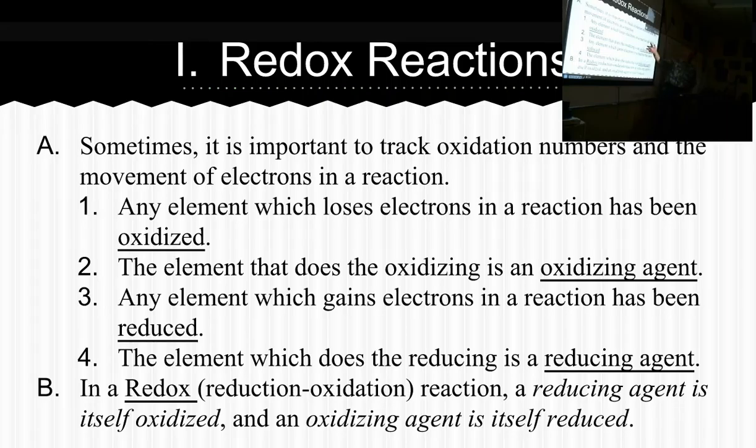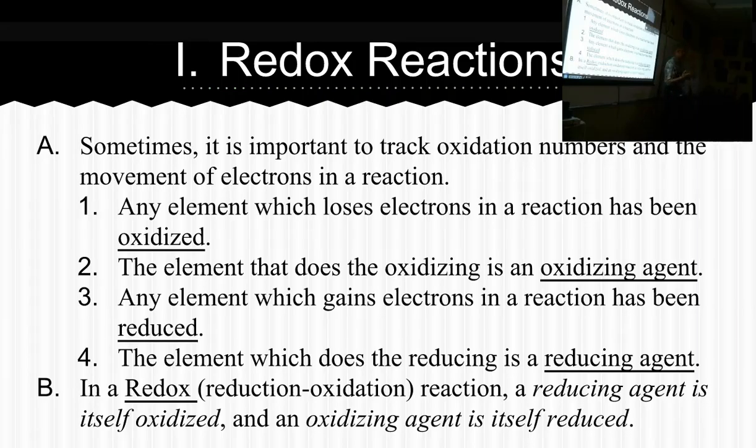An oxidizing agent takes electrons from something which oxidizes it. And then those usually happen at the same time. So in a reaction where electrons travel from one thing to another, an oxidizing agent oxidizes something and is itself reduced because it took electrons from something, and so that thing has been oxidized, and now it has the electrons, so it has been reduced.